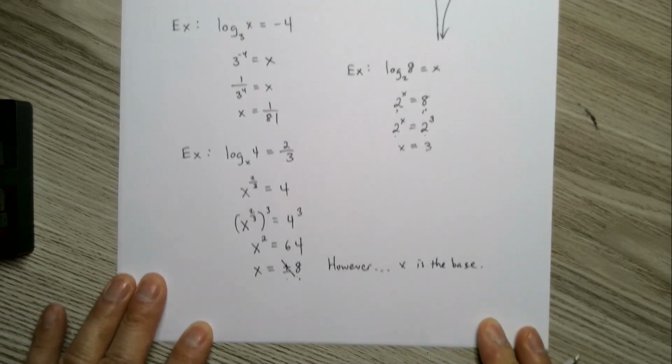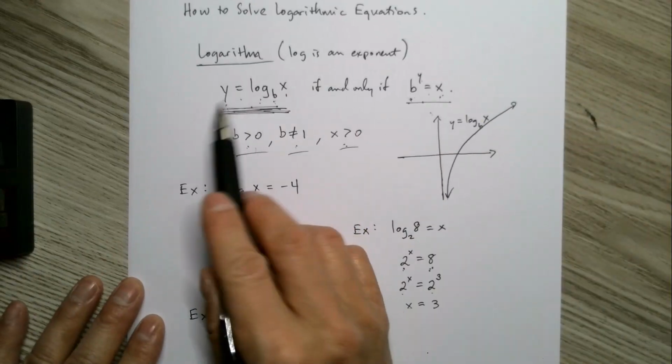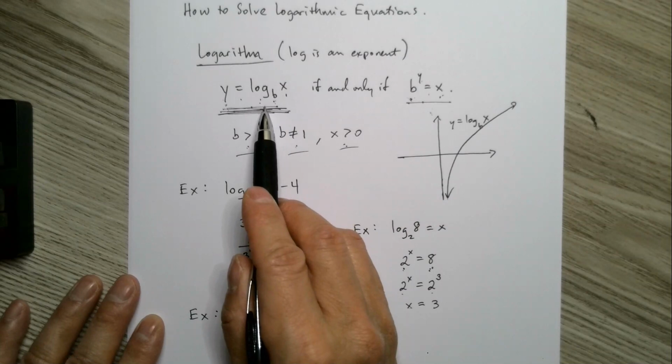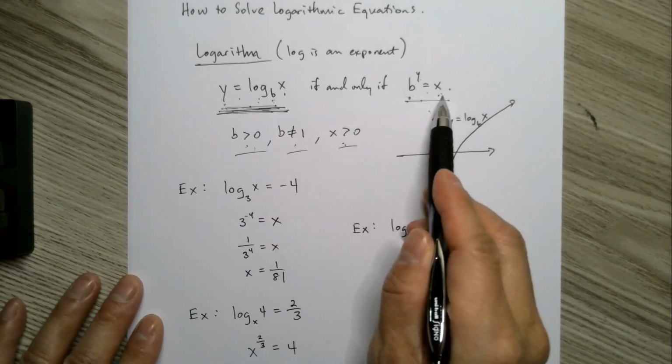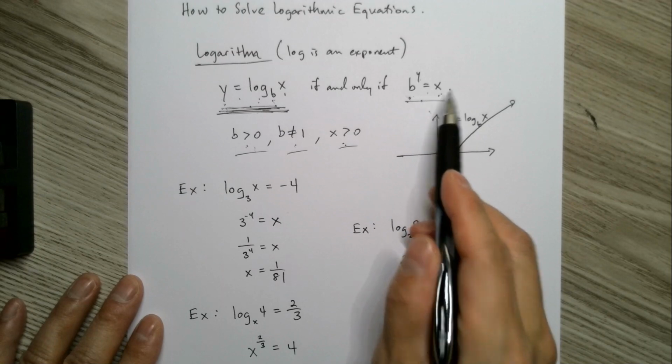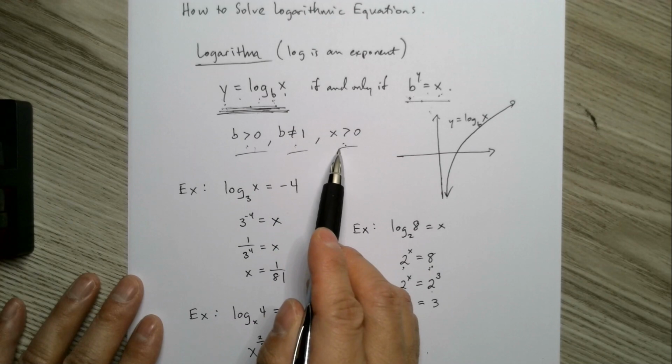So just a quick wrap up. This is a logarithmic equation which gives you the relationship between b, y, and x, which you can imagine like this. There are 3 restrictions, a couple for b and 1 for x, that you should be aware of.